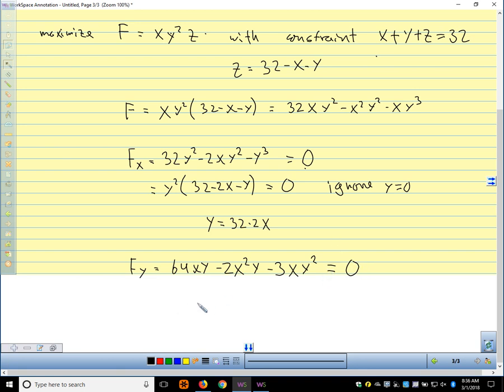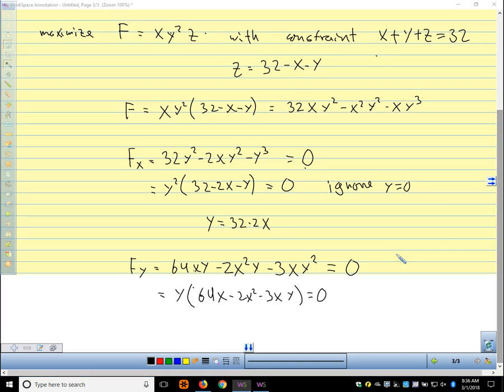I can factor out a y here. I want to substitute for y. I could factor out an x, but I'm going to factor the x at the end. 64x minus 2x squared minus 3xy equals 0.